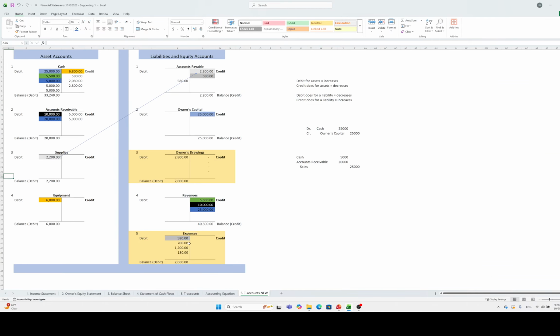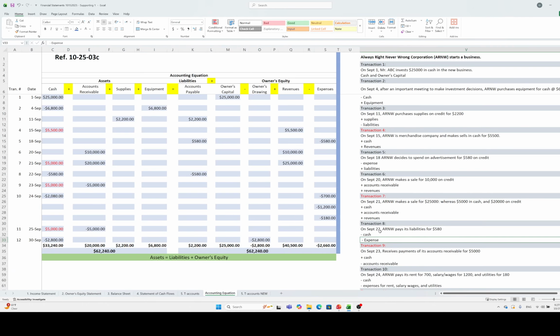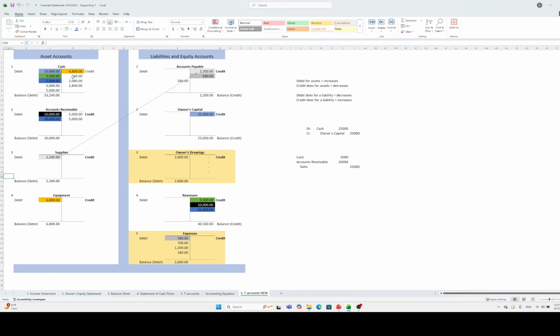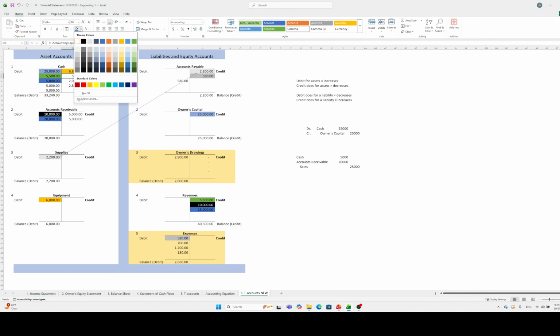So if we go back to the transaction, it makes cash, right? 580 is credited. Let me choose the right color, and then we've got accounts payable of 580 here.